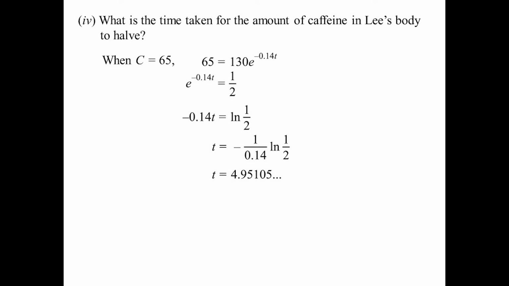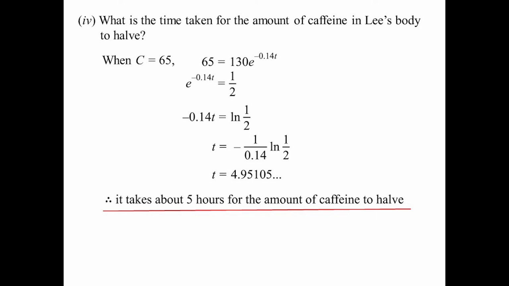You wouldn't say, oh, I think it'll take minus 1 over 0.14 ln of a half. Doesn't really give you a feel for how long that is. So if we go to our calculator, there we go, we get an answer 4.95105 and so on. So around about 5 hours for the amount of caffeine to halve. So that's a typical sort of 2-unit HSC question on the growth and decay.